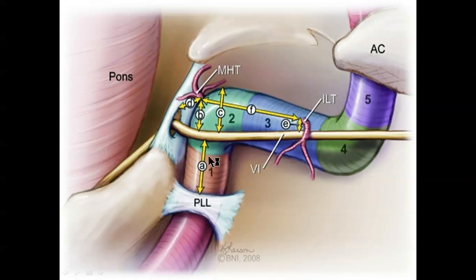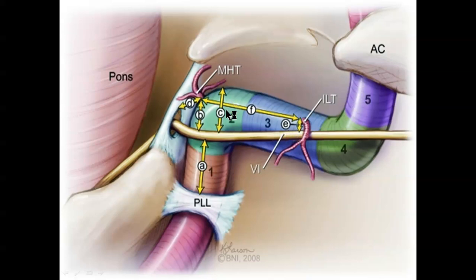Just like the petrous part, it has a vertical part, then a posterior genu, a posterior angle, a horizontal part, the anterior genu, the anterior angle, and then a vertical part. Whereas the petrous part, as we remember, just had a vertical and horizontal part. This one has the posterior genu and the anterior genu as well, and two vertical parts: the posterior vertical part and the anterior vertical part.